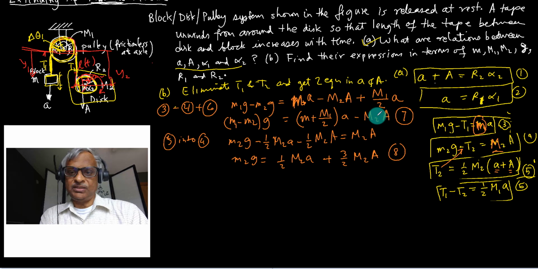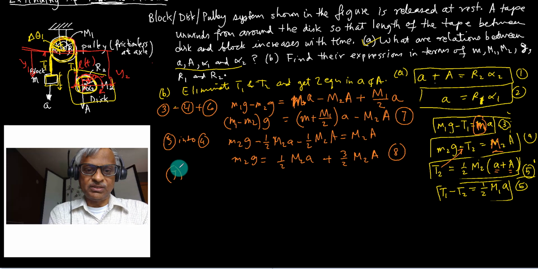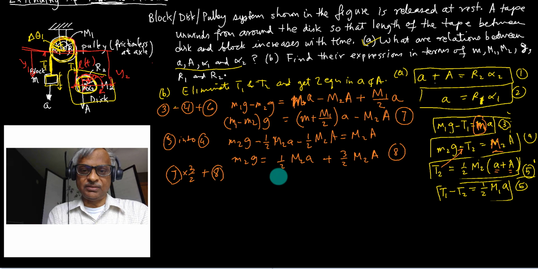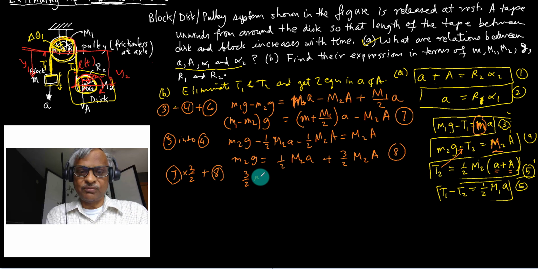So now we can see that we can get rid of capital A by equation 7 times 3 half and then add to equation 8. So on the left side I got 3 half M1G minus 3 half M2G plus M2G.